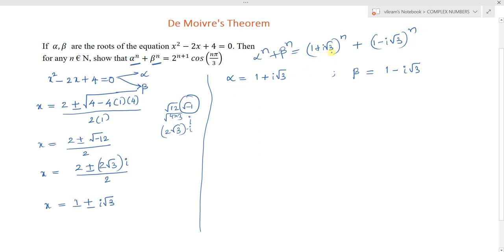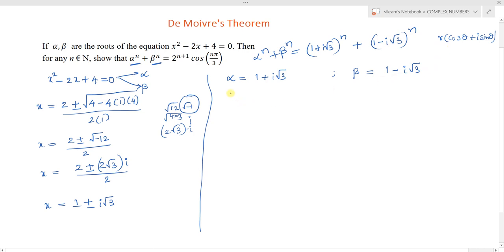Before applying the De-Moivre's theorem, the complex number has to be expressed in polar form. What is the polar form? r times cos theta plus i sin theta, where r equals square root of a square plus b square, or square root of real part square plus imaginary part square.